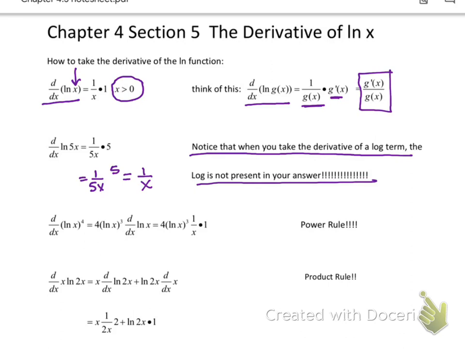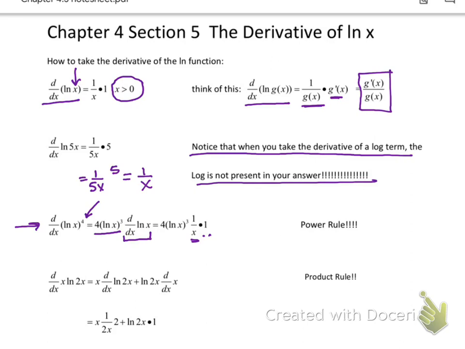Okay, now look at this next problem. Looking over here, do you see you have something raised to a power? So your first job is to do the power rule. So here's the first piece of it, taking the derivative using the power rule. Now, tell yourself to take the derivative of natural log of x. What is that? It's 1 over x times 1.